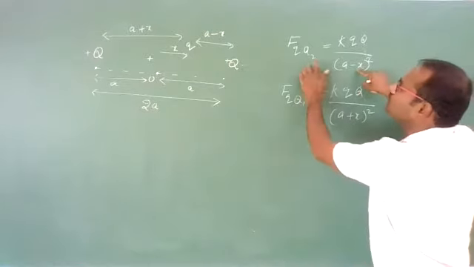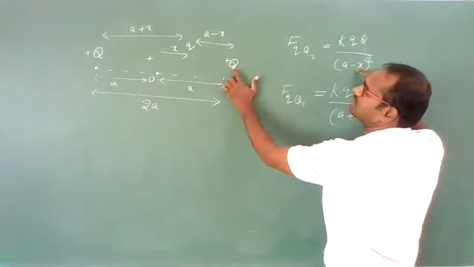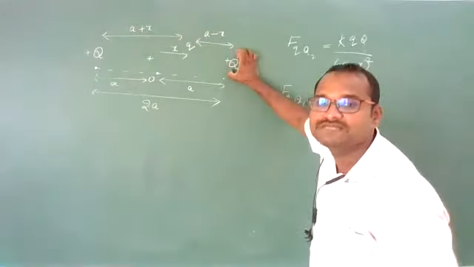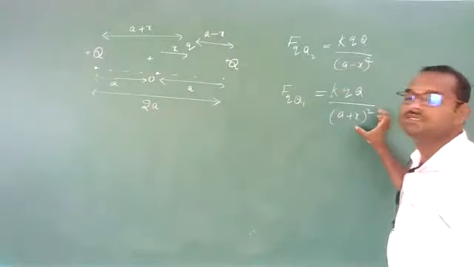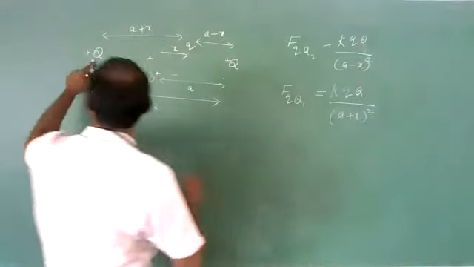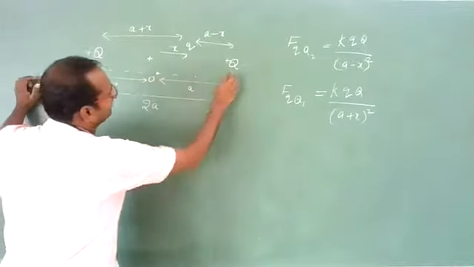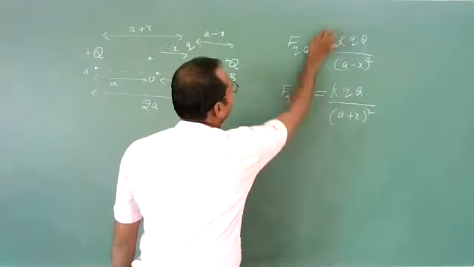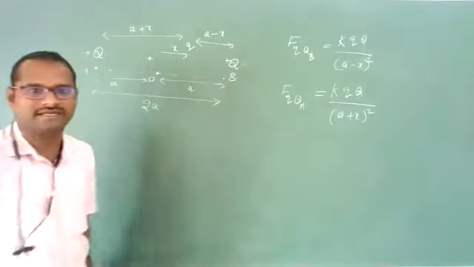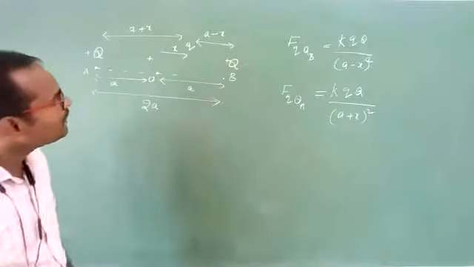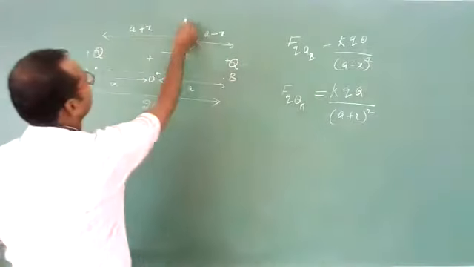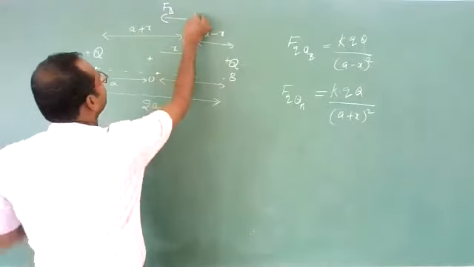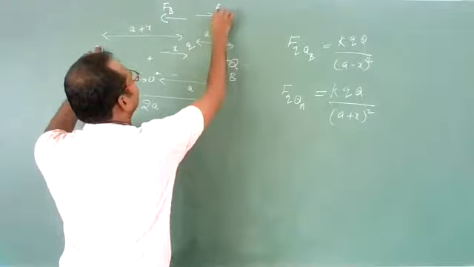So the force due to the charge at B is more than the force due to the charge at A. Let us call them the force due to the charge at B, this side, and the force due to the charge at A, that side.